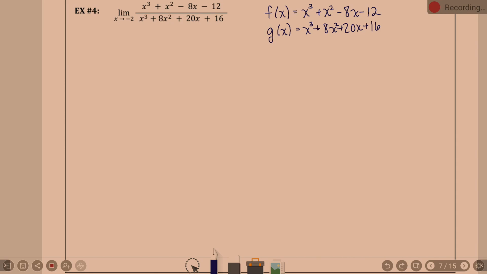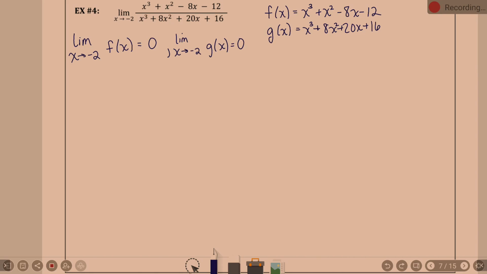Now, to get my official notation, the limit as x approaches negative 2 of f of x, I didn't make you do the math, but luckily guessed 0, right? And the limit as x approaches negative 2 of g of x, we also guessed to be 0.